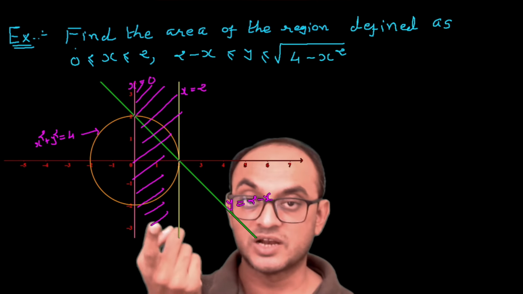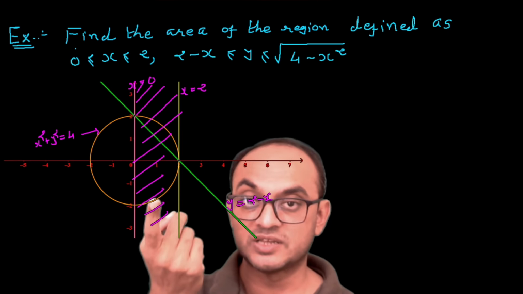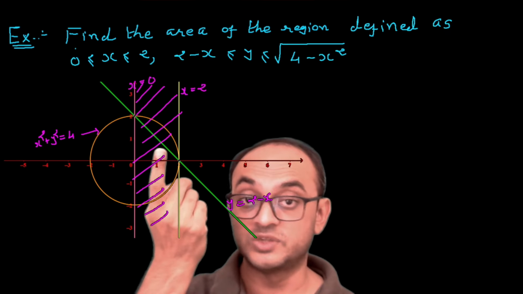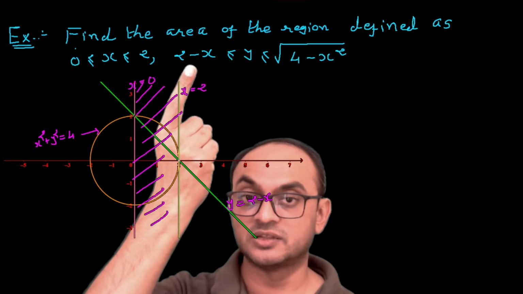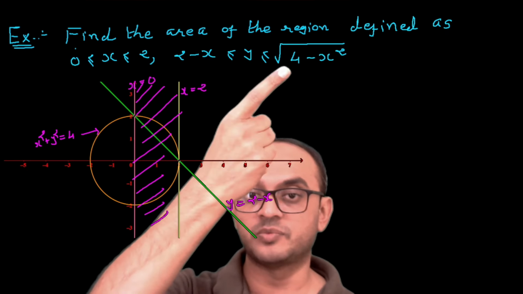If you start from this side, then it would be circle to line, which is not the situation. The situation is that the bottom side is the line and the upper side is the circle.